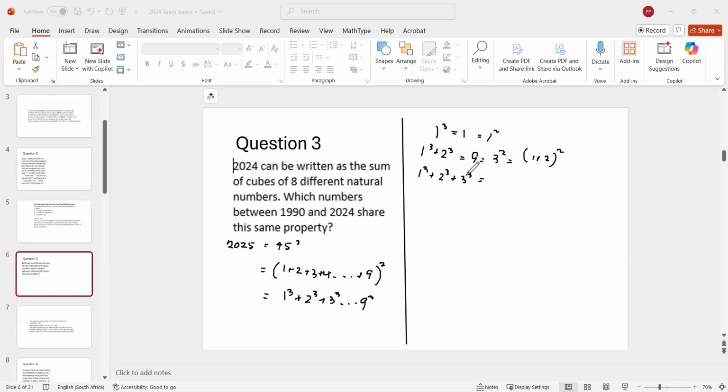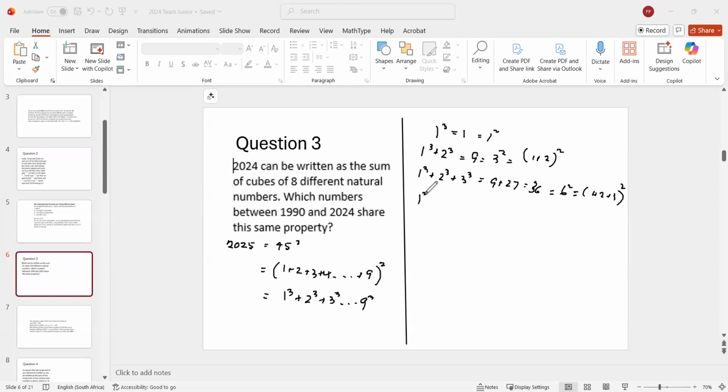Now you're adding 27 to the previous answer. So that's 9 plus 27, which is 36. And 36 is 6 squared. And 6 is 1 plus 2 plus 3. See, that's quite interesting.